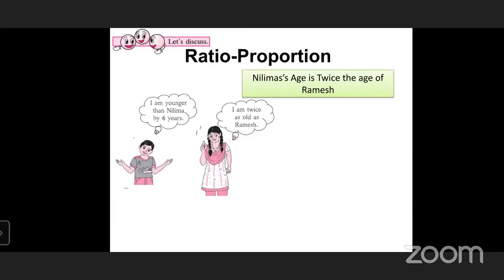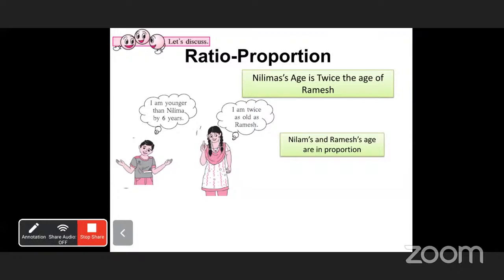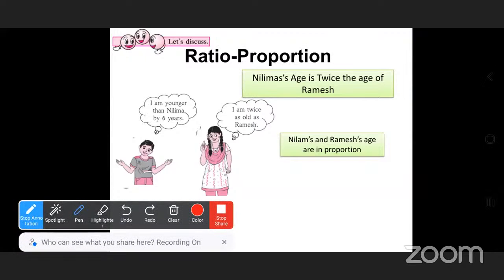Now we can give the same information by saying that Nilima's and Ramesh's ages are in the proportion 2:1. Whenever we say the word proportion, we use the symbol colon.